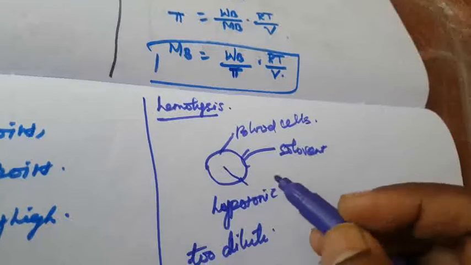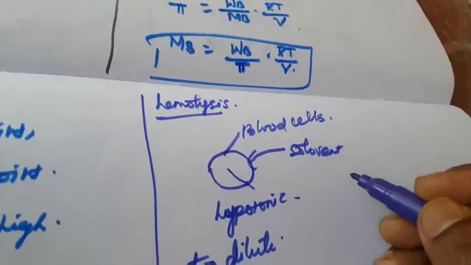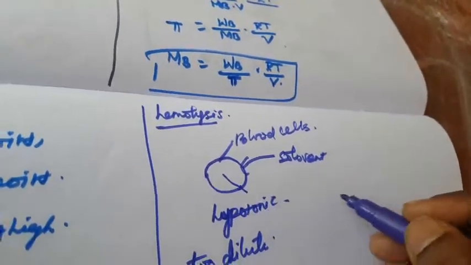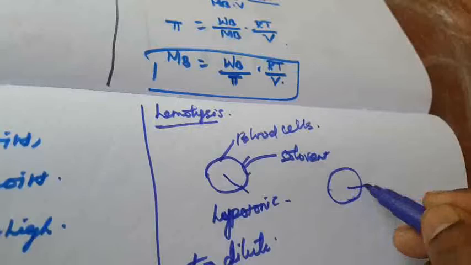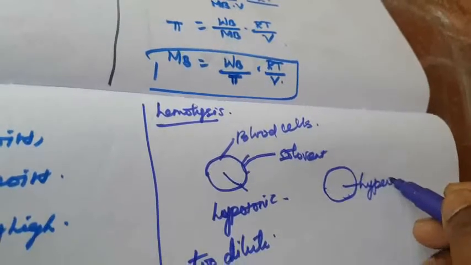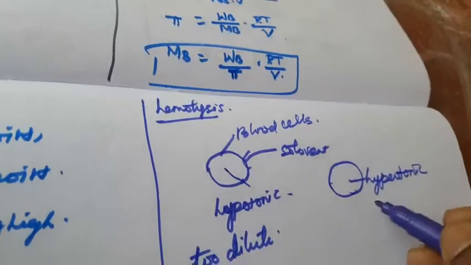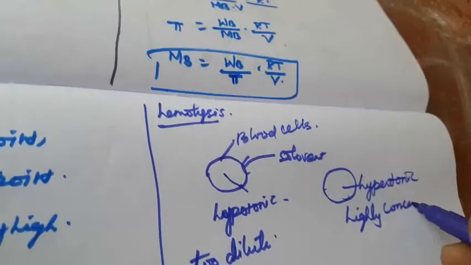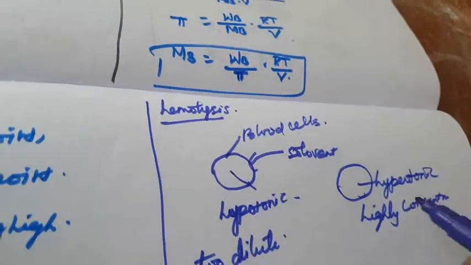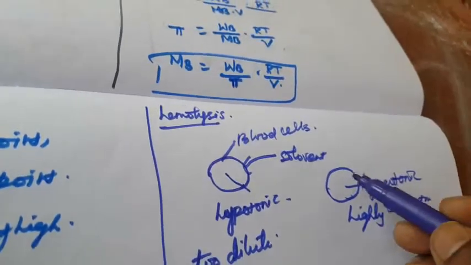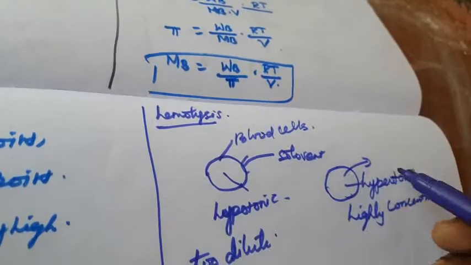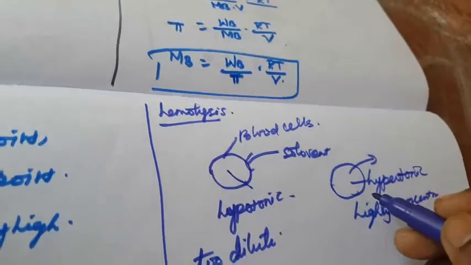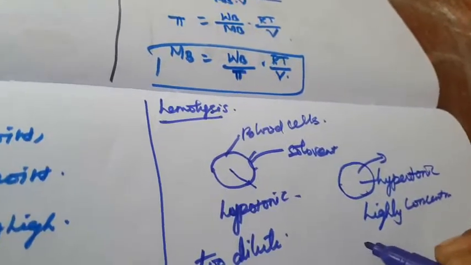Suppose the solution is too concentrated, that is called hypertonic, meaning highly concentrated. What happens? The solvent molecules will flow out of the cells, so the cells shrink and die.